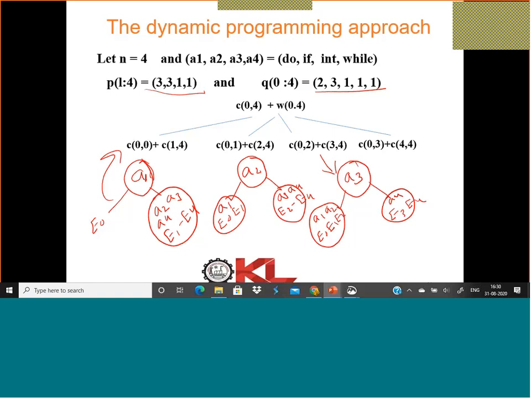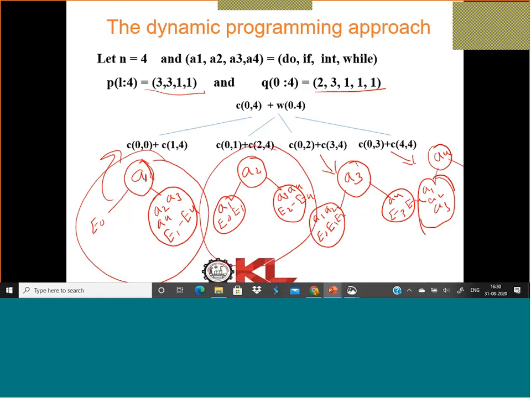Similarly, if I select A4 as a root element, the left subtree contains A1, A2, A3 followed by E0 to this one, and the right subtree doesn't have any nodes. Okay. See here, what is the cost I am getting if I select A1 as a root node? What is the cost I am getting with A2 as a root node? What is the cost I am getting with A3 as a root node?